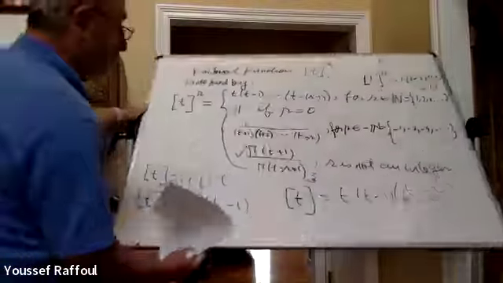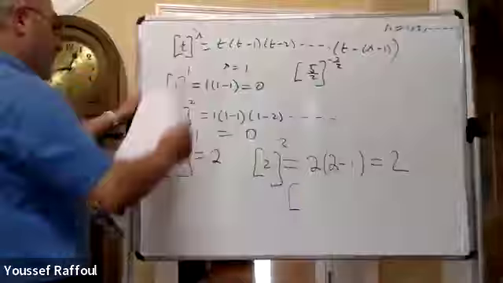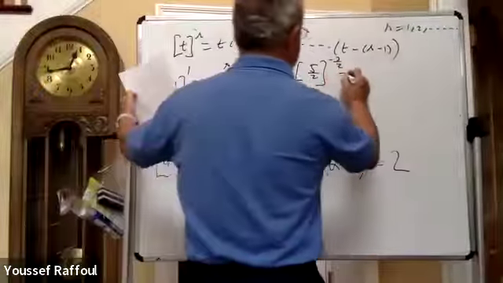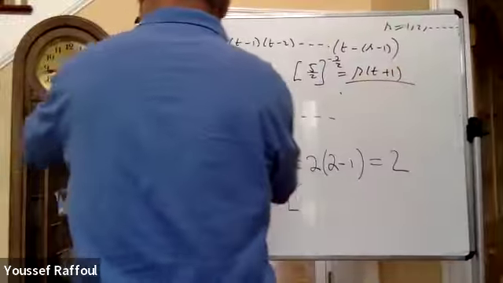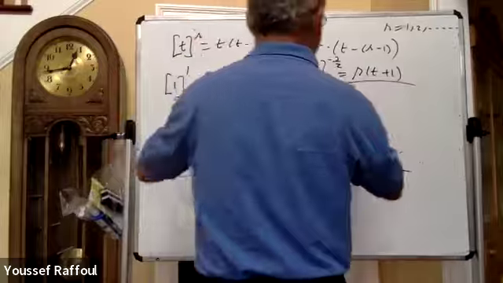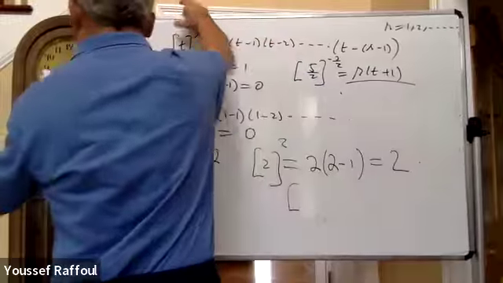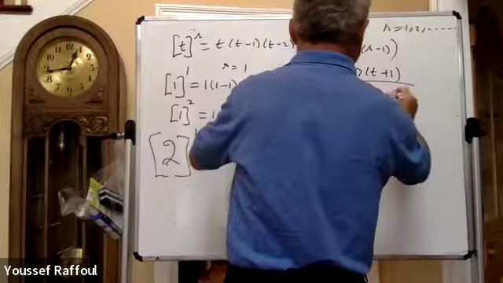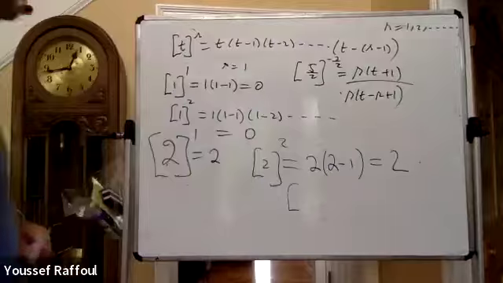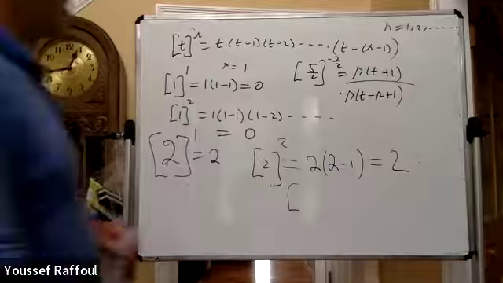So we're going to use gamma of t plus 1 over gamma of t minus r plus 1. All right.